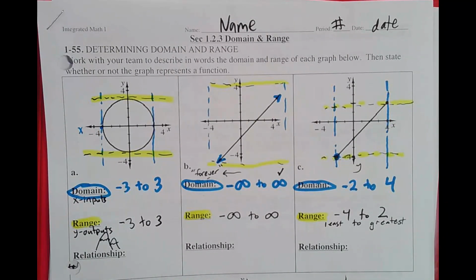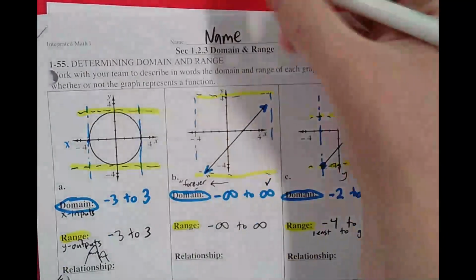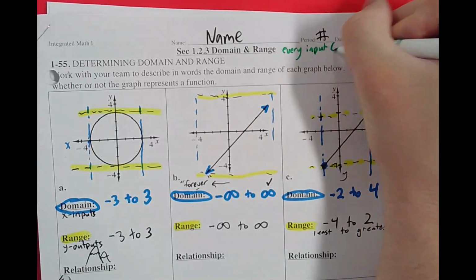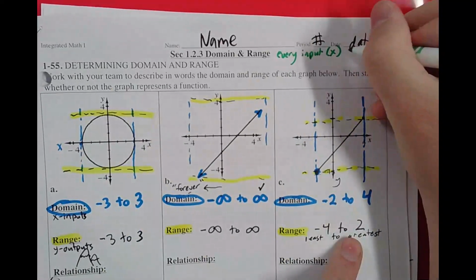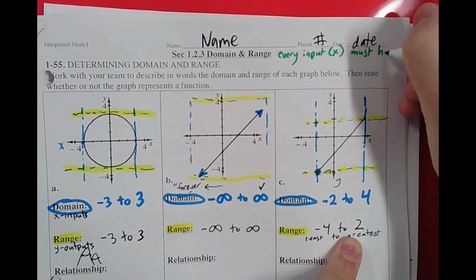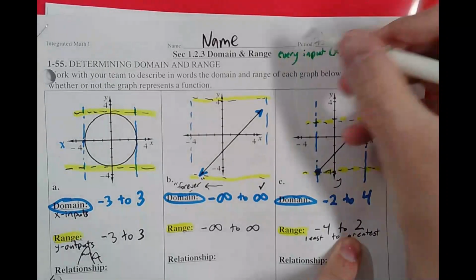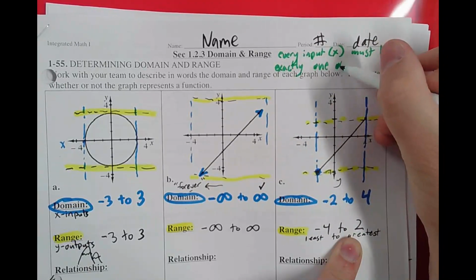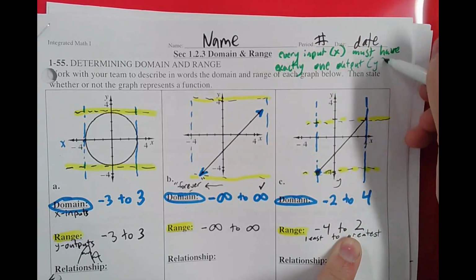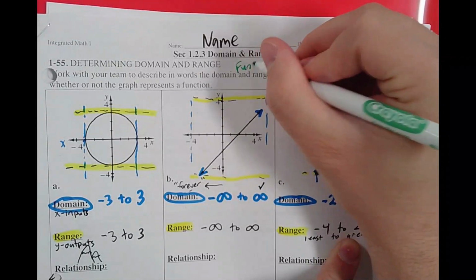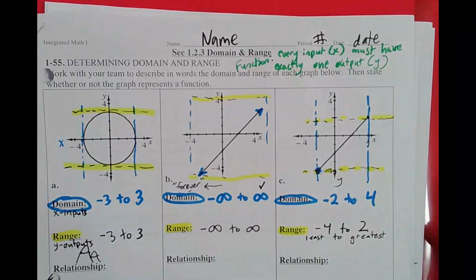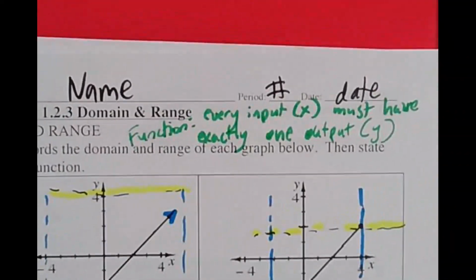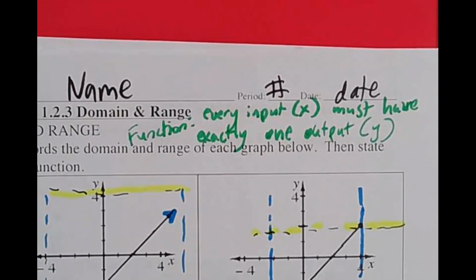So we just learned from the last test that to be a function, every input, which is x, must have exactly one output, which is y, to be a function. So I'm writing that down. To be a function, every input, x, must have exactly one output, y.